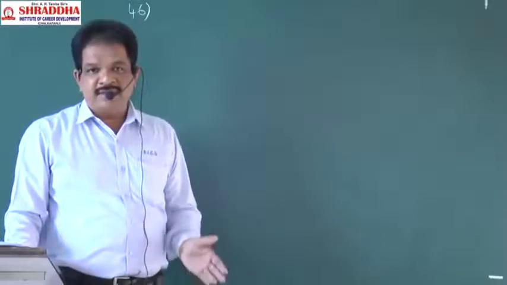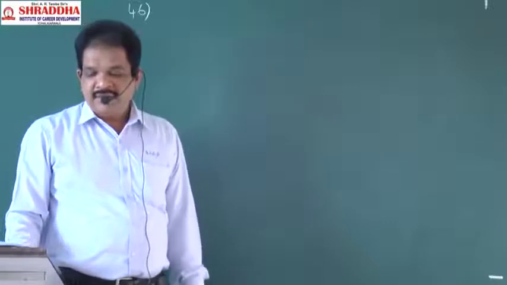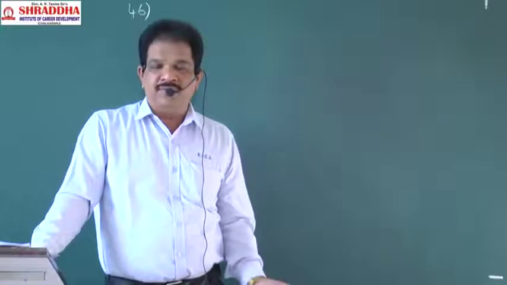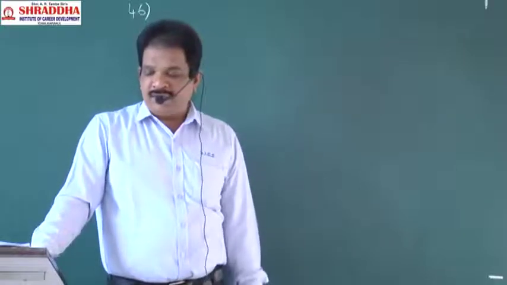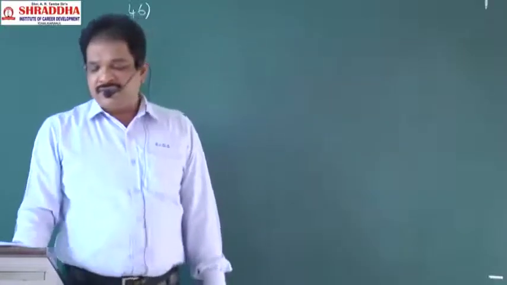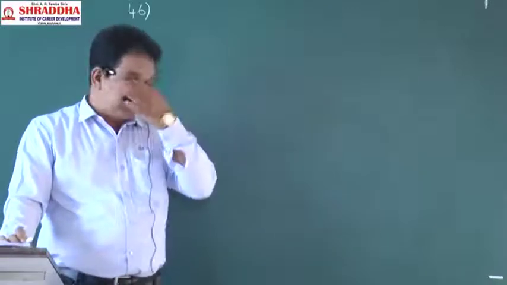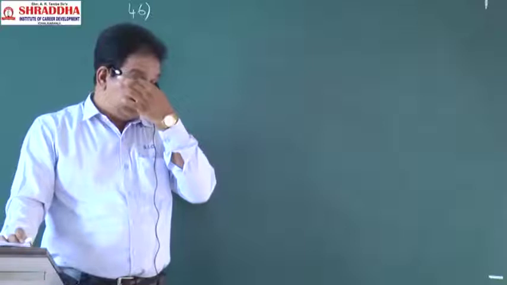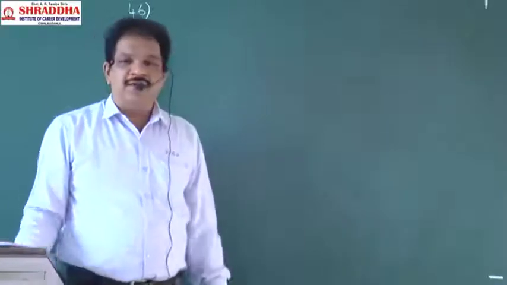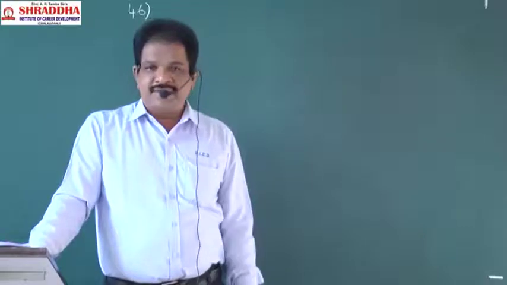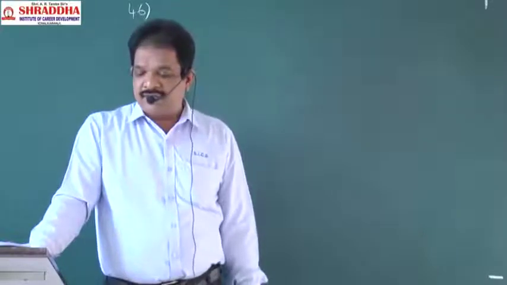So, dimensionless constant. Refractive index: velocity of light in vacuum by velocity of light in medium, that also does not have any dimensions. Dielectric constant: F in the air by F in the medium, that is also not having any dimensions.